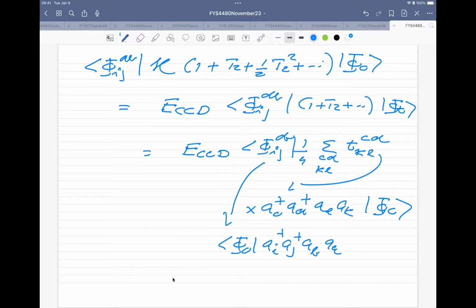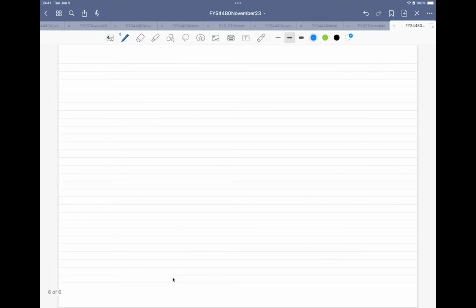When we now look at the Hamiltonian, obviously it contains the reference energy, but also the 1-body and the 2-body operators. So this is the right-hand side.